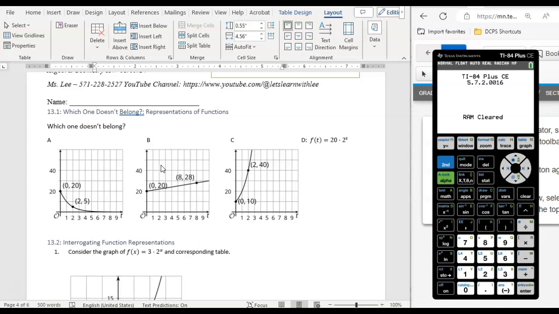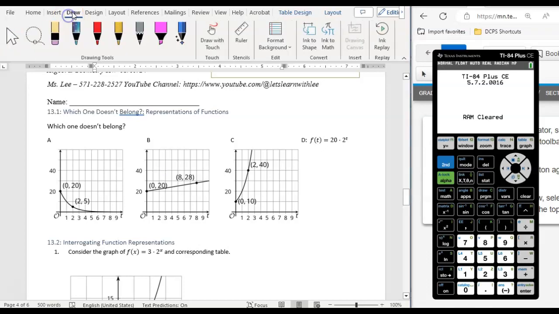In this first one, we could say the first one doesn't belong. Why? Well, because it is a decay factor, or a decay model, and so we could say A because it is the only one that decays. Okay, now B we can say is different because it is linear.